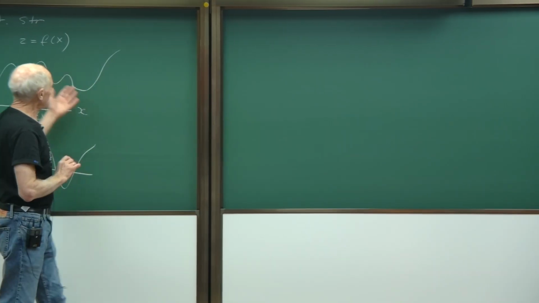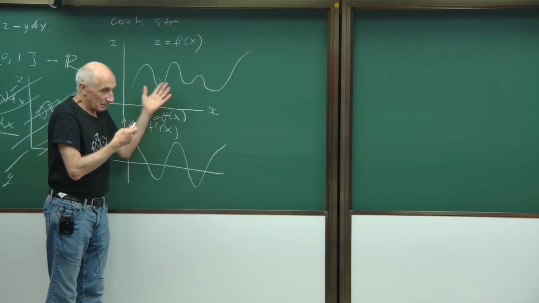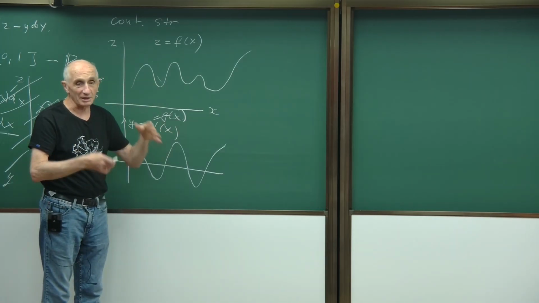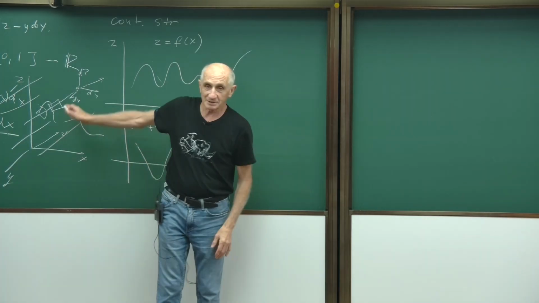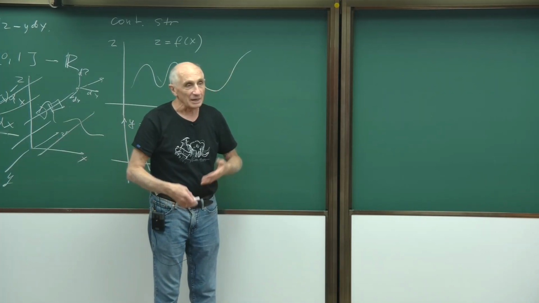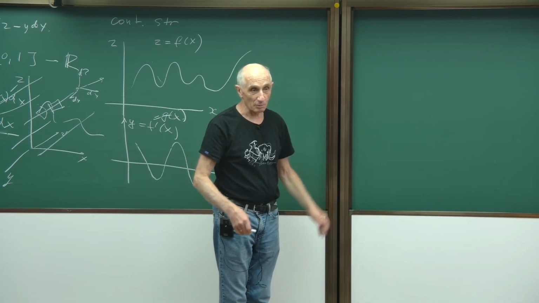This object arises naturally in nature, and a basic example of this is the skating problem, right?